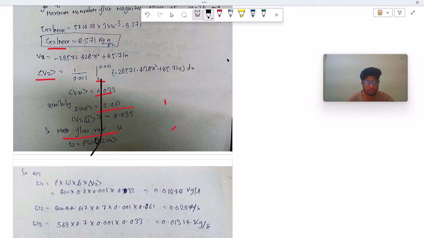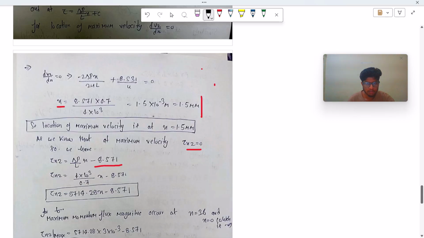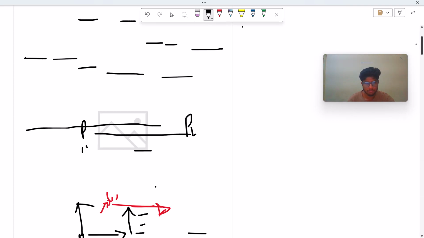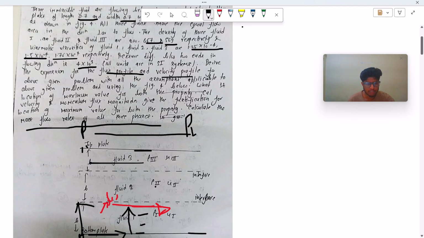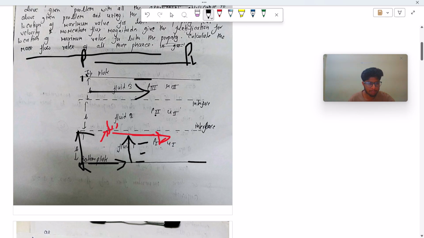As our system is moving in the z direction, for this direction we have the perpendicular area that has a width of w and thickness of b. Like this, this is w and this is b. So this is the perpendicular area.